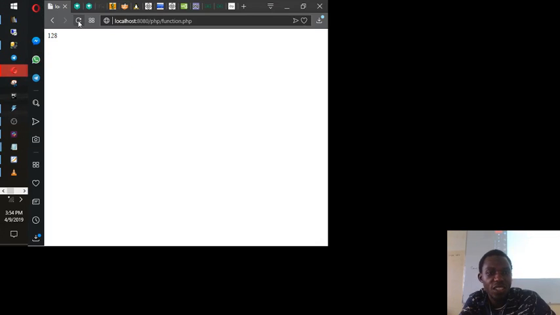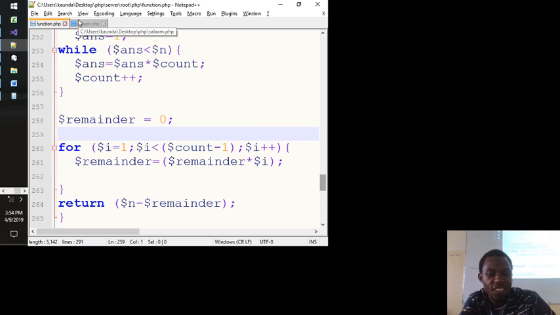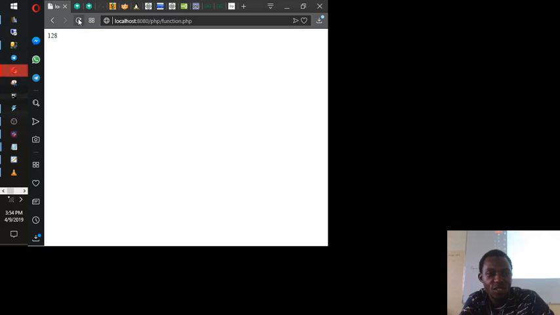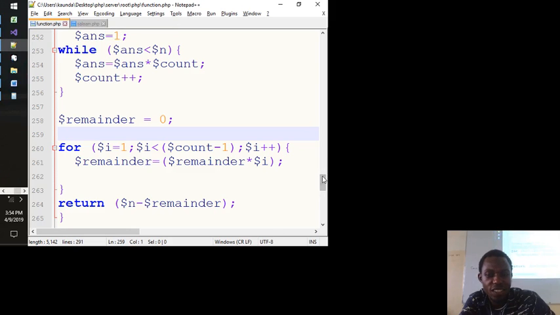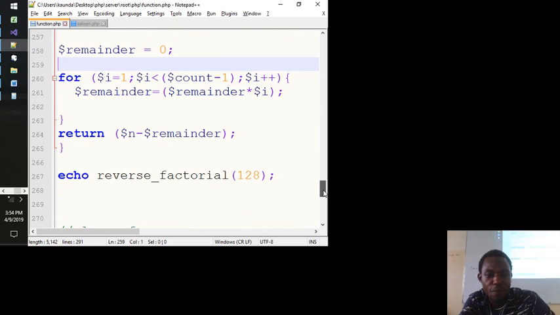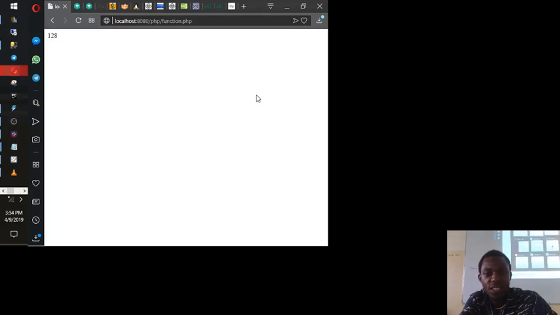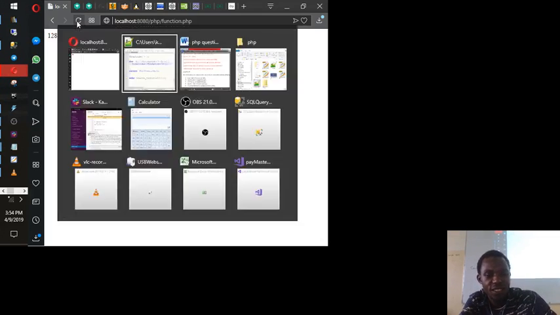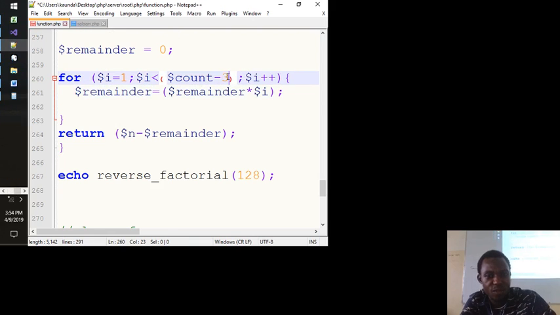So this minus 128. How can this bring 128? Yeah, remember, I'm changing the value here. Count minus 3.